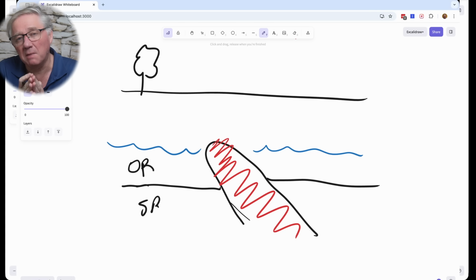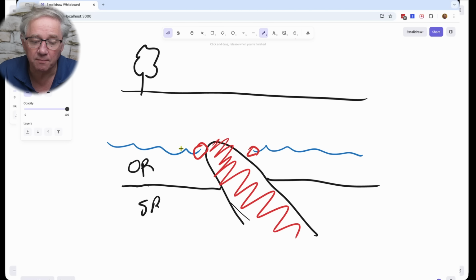But these minerals, in many cases, are holding chunks of quartz together. And so you get these zones of weakness, and all of a sudden you end up with a chunk of quartz breaking off.